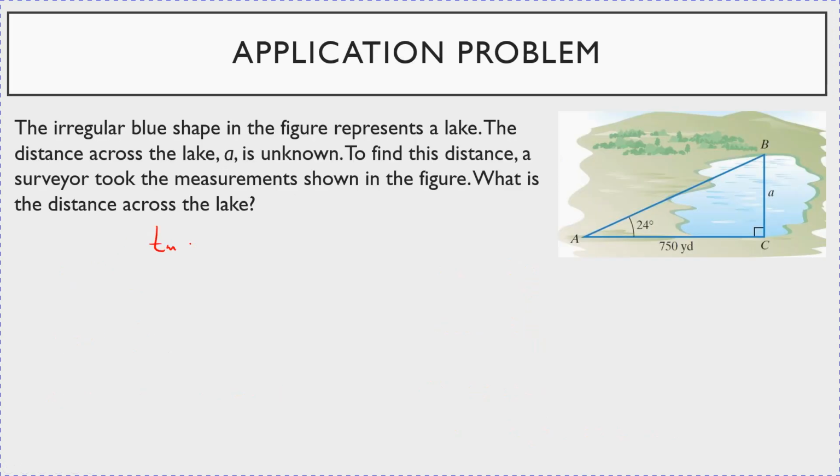So tangent of theta is equal to the opposite length over the adjacent length. So tangent of 24 degrees is equal to A, what we're looking for, over 750 yards. So cross multiply here, and you see A is equal to 750 yards times tangent of 24 degrees.